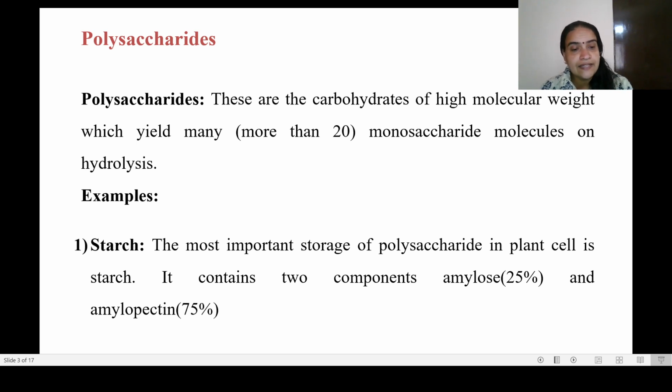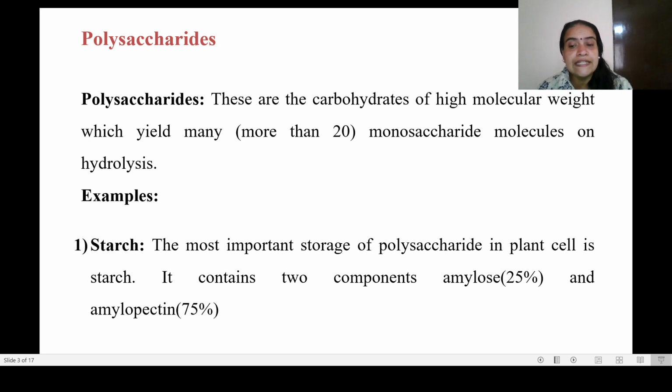Examples are starch, glycogen, cellulose, etc. Coming to the first example in detail, starch is a very important storage polysaccharide in plant cells, and the partial structure of starch contains two components, which are amylose and amylopectin.